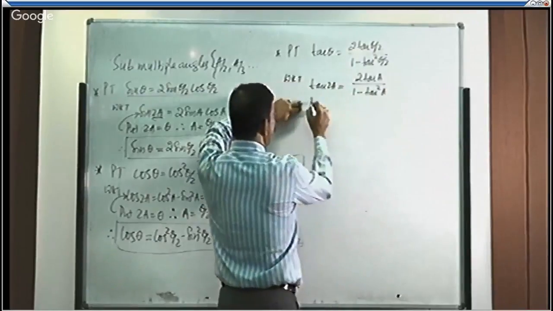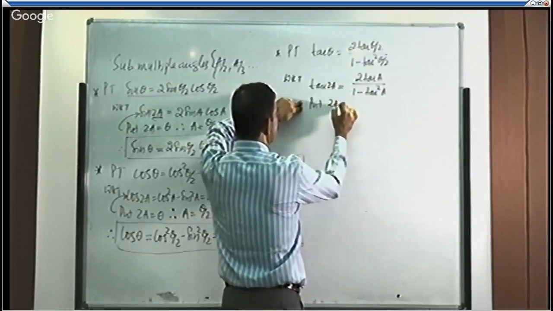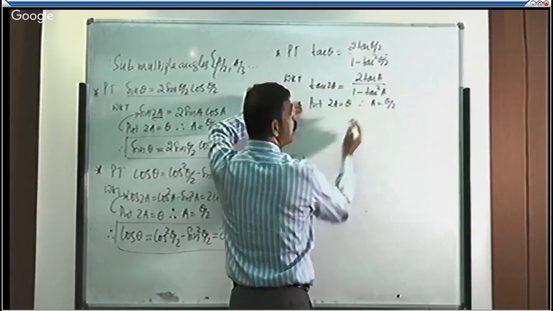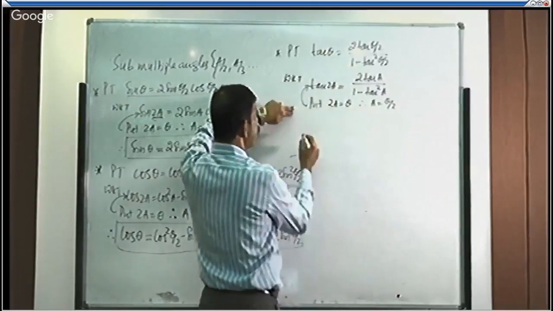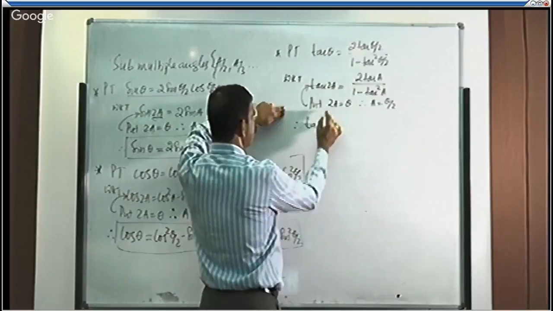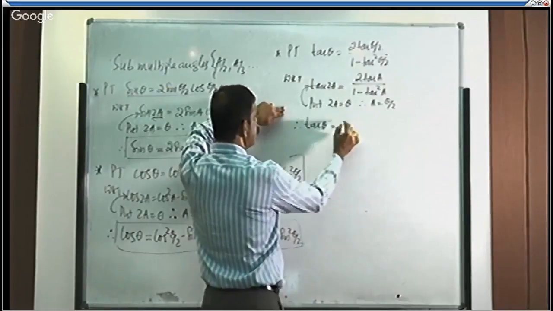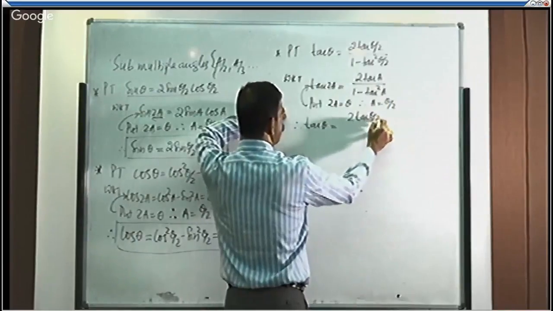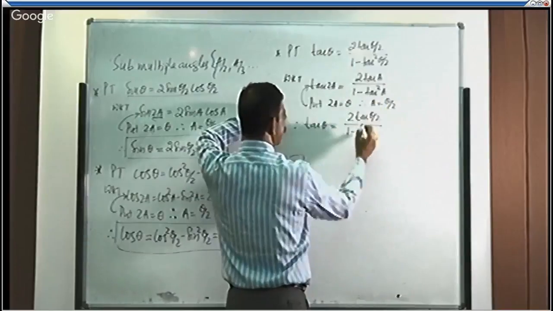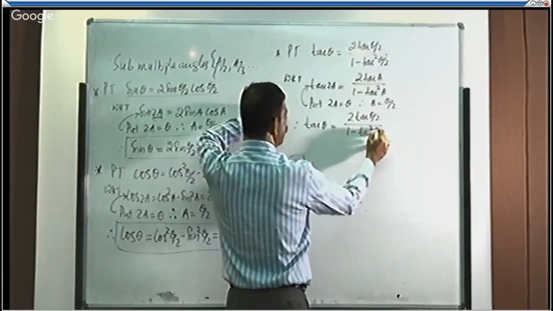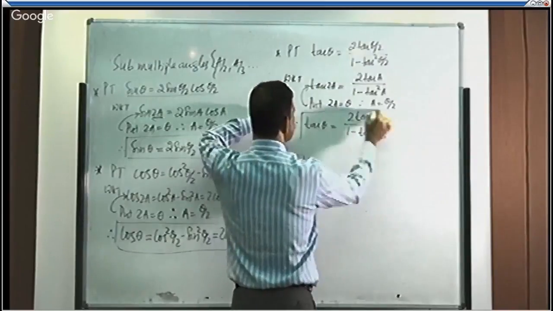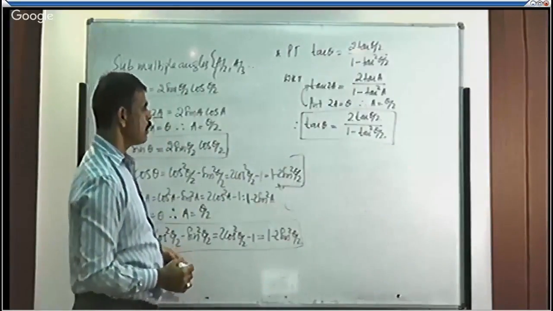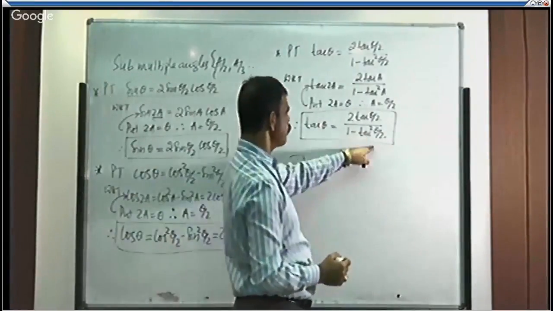Correct? Put 2a as theta. Therefore, a becomes theta by 2. Substitute in the above formula. Tan theta is 2 tan theta by 2 divided by 1 minus tan square theta by 2.